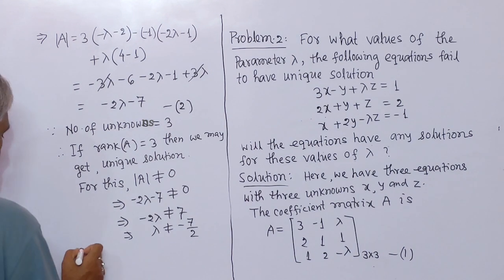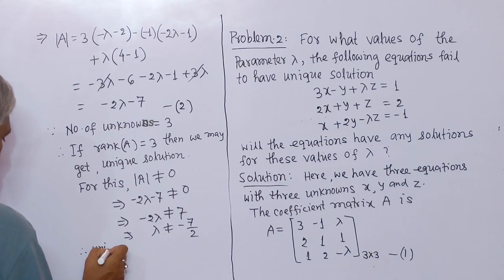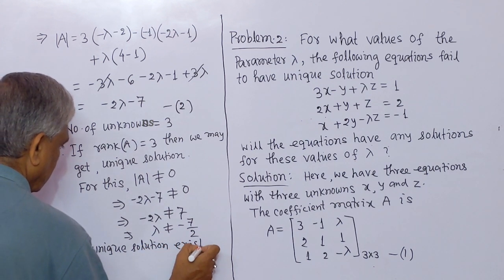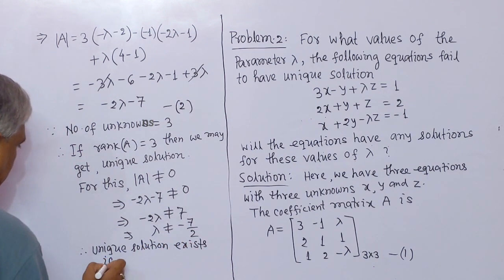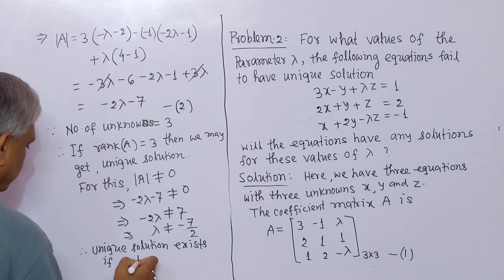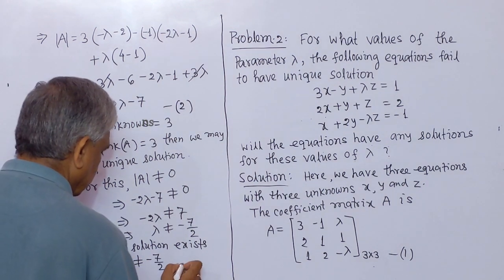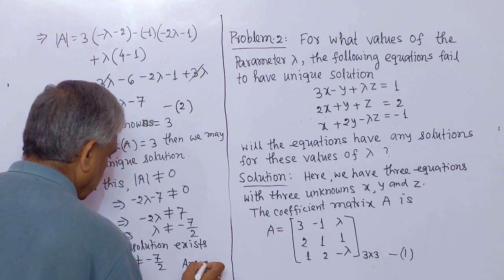Therefore, a unique solution exists if lambda not equal to minus 7 by 2. This is the answer of the first part.